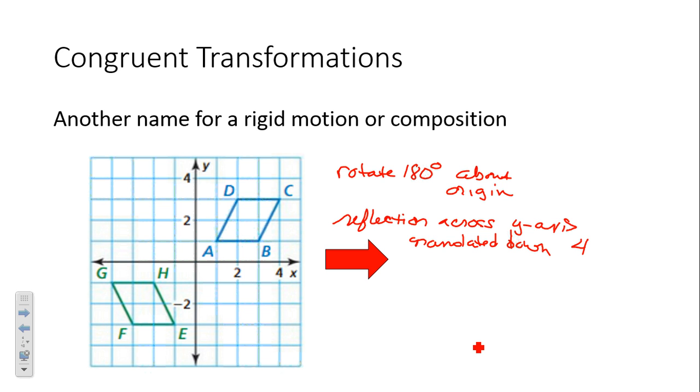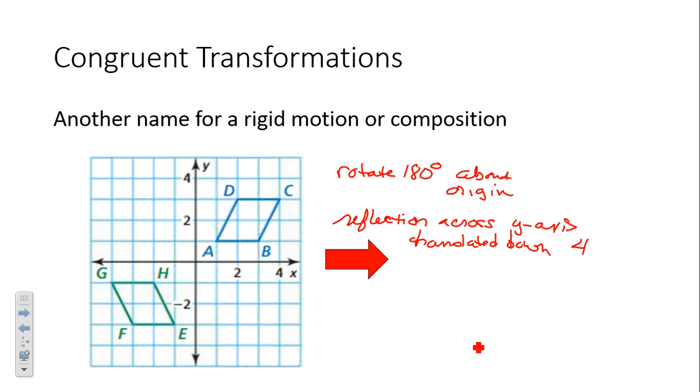Okay? Everybody cool with that? Okay, next slide. Oh, sorry. Yep, I'm sorry. Trying to keep things moving. Andrew, face forward, please. Yeah, second one, sorry. Reflection across the y-axis, translated down 4. Okay?